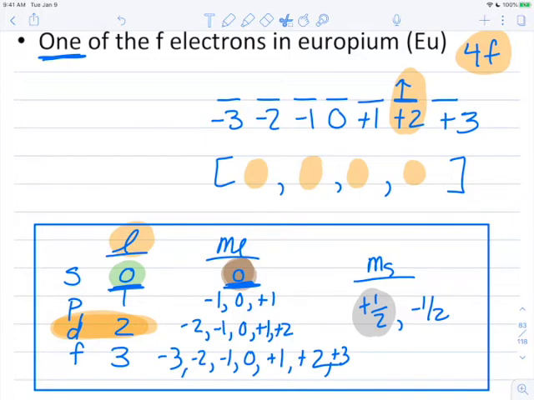All right, so go ahead and give this a try. So you're filling in those 4 quantum numbers. When you get an answer, feel free to type it into the chat box.